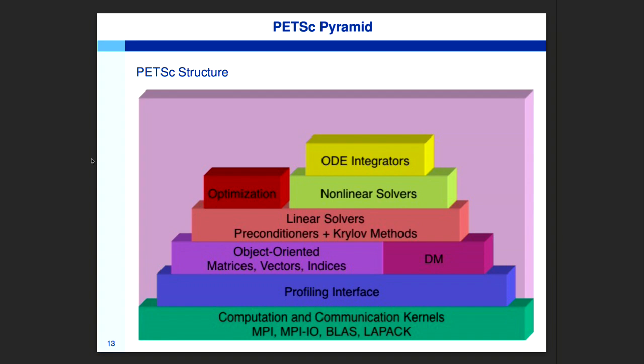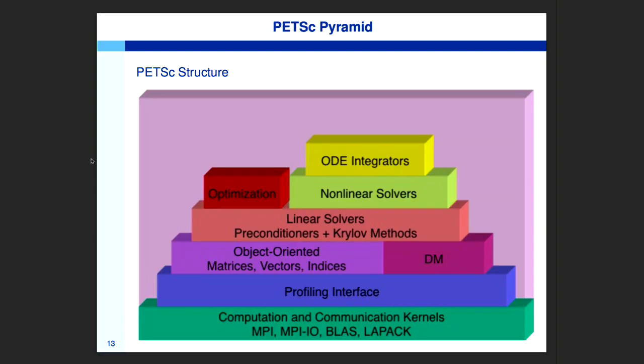Built on top of that, we have linear solvers, which consist of Krylov subspace methods and preconditioners. On top of that, nonlinear solvers, which typically require the solution of linear systems underneath. Not always, but often do. So there's some that would work directly just with vectors and matrices.